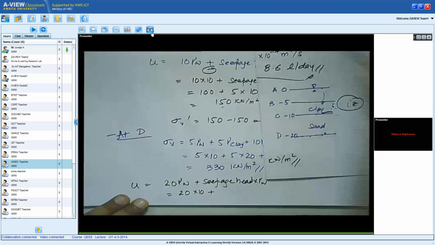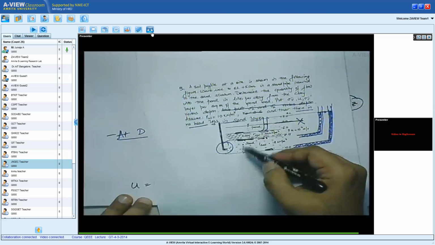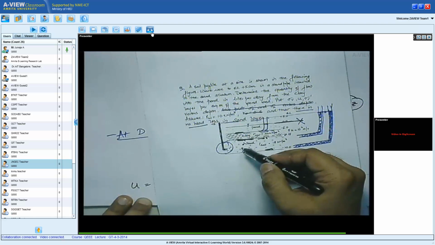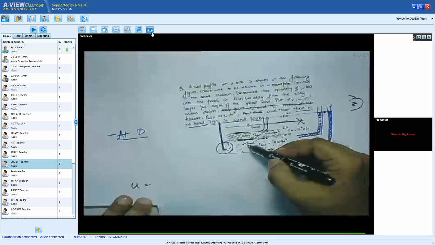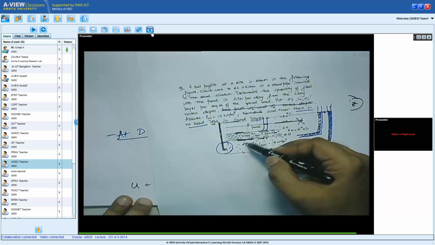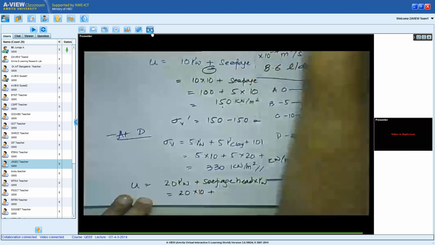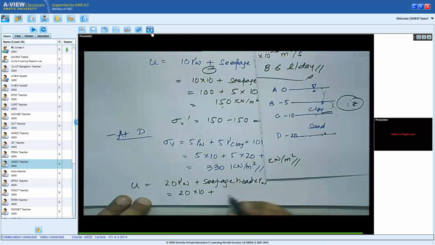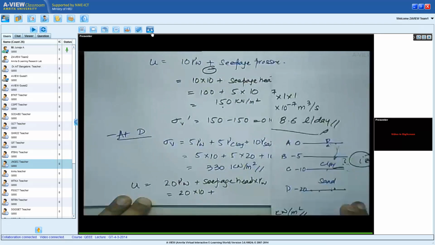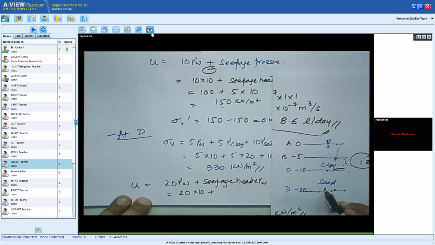Remember, if I bring back the figure, we said there is no head loss in this layer. It is assumed that there is no head loss in this sand. Obviously, for all practical purposes, this may be correct because the major head loss only occurs in the clay layer. But in this example, it says there is no head loss in the sand layer. So obviously, whatever was the seepage head at this level should be the same seepage head at the last level.